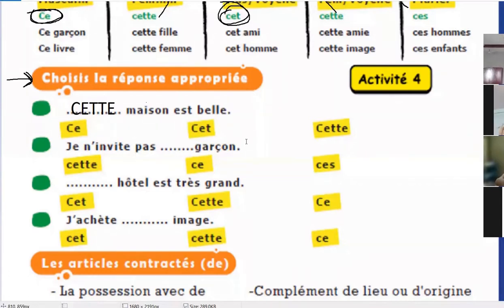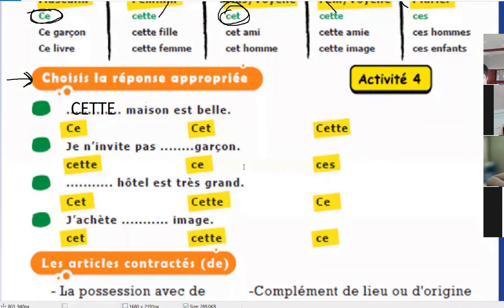Okay, next word. Arjun is reading the next word. Okay, so Arjun said, Je n'invite pas garçon. Garçon means boy. Now what will you use, children, here?